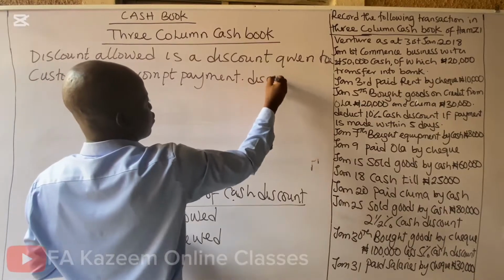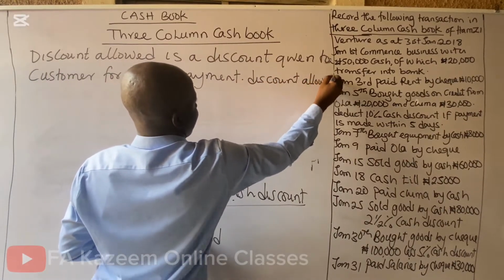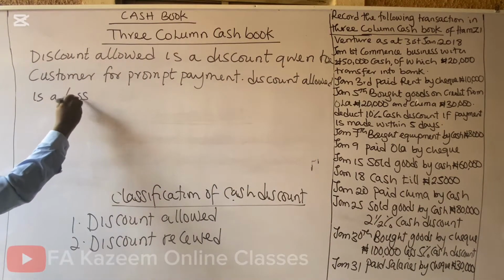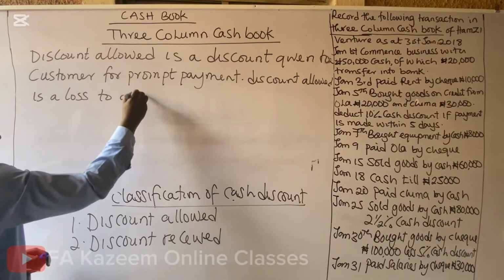Discount allowed is a loss to an organization or to a business entity.